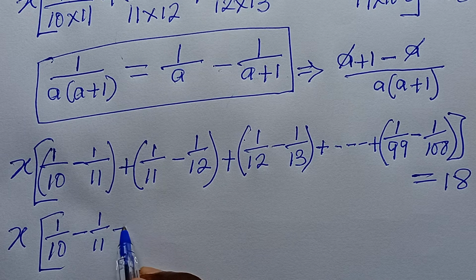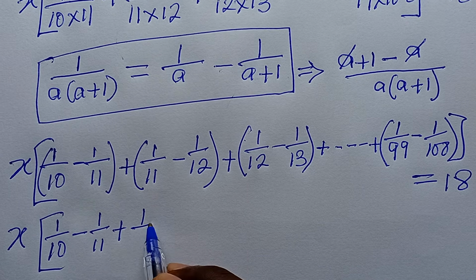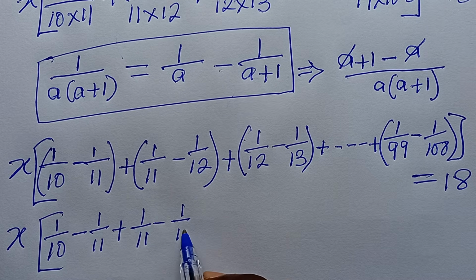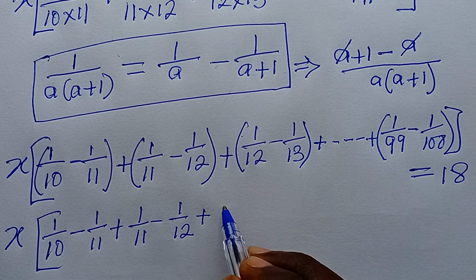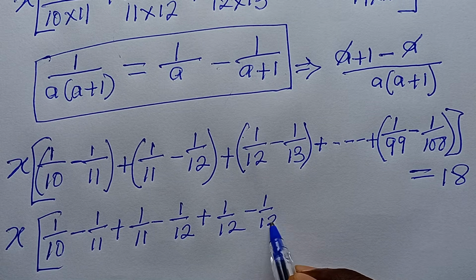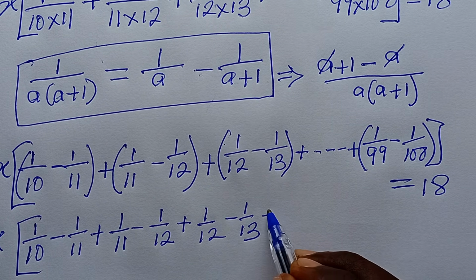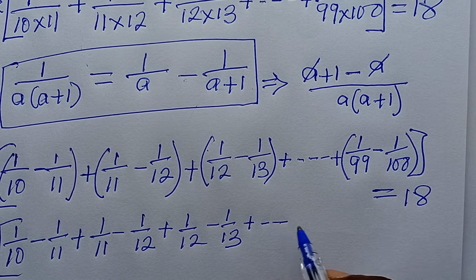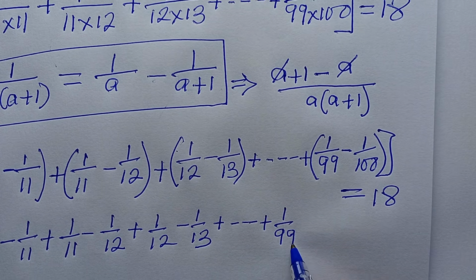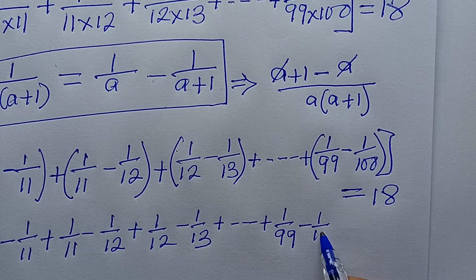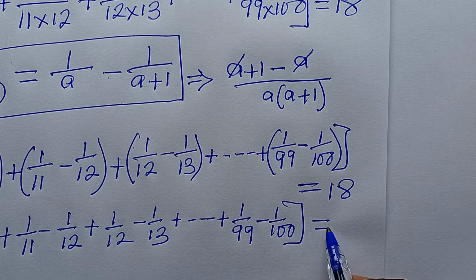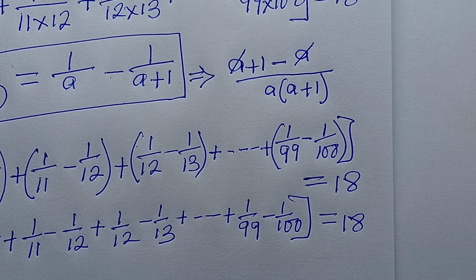Here we have a plus, then plus our 1 all over 11, then minus 1 all over 12, then plus we have 1 all over 12, minus 1 all over 13, and this will continue dash dash dash until we get to where we have our 1 all over 99, then minus 1 all over 100, square bracket closed, everything equal to 18.